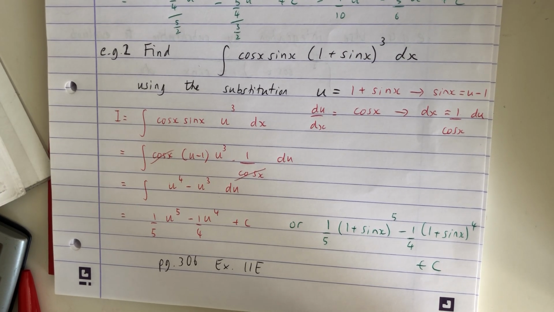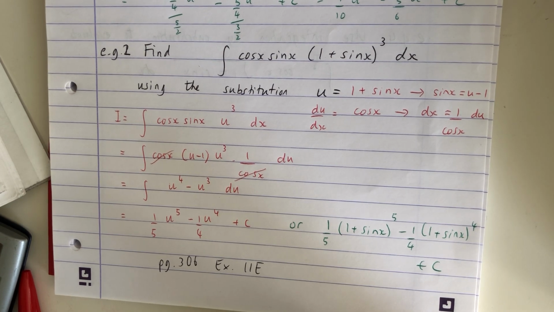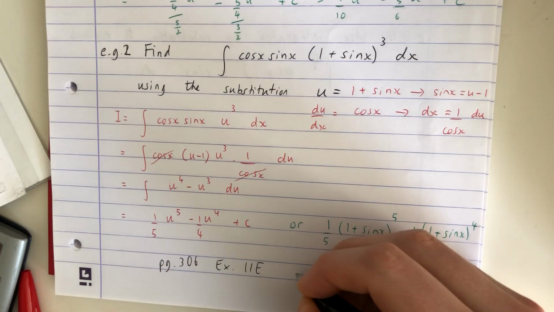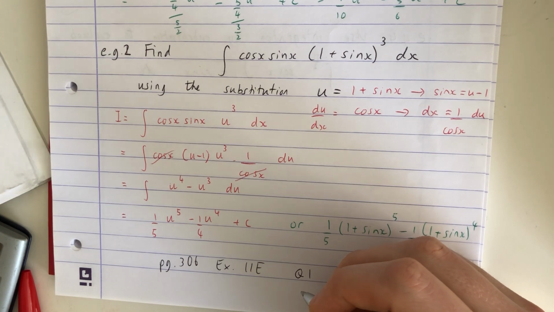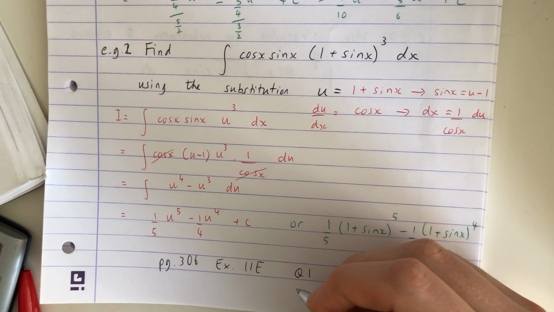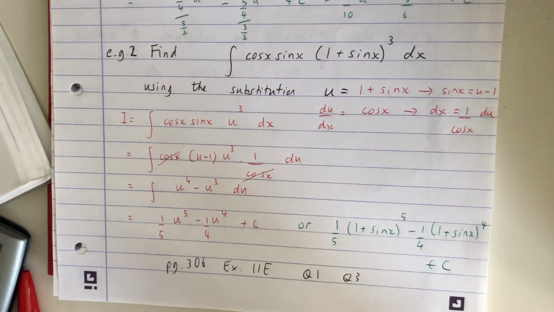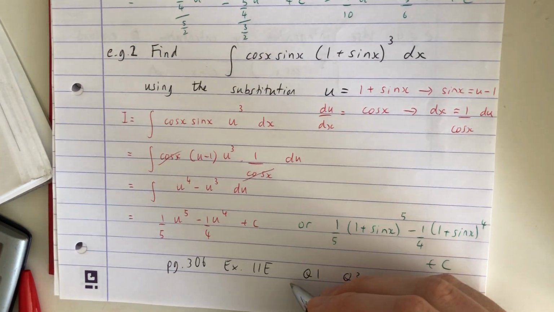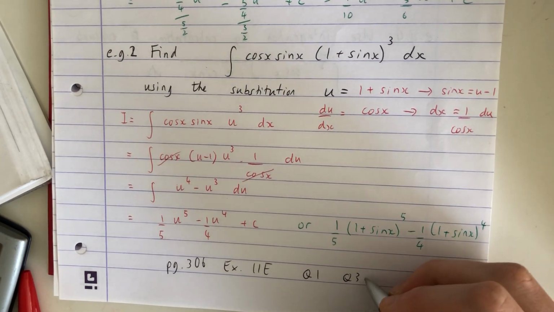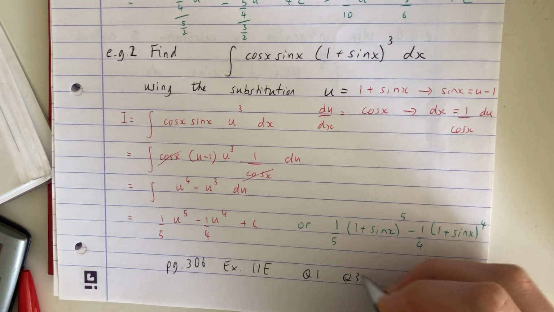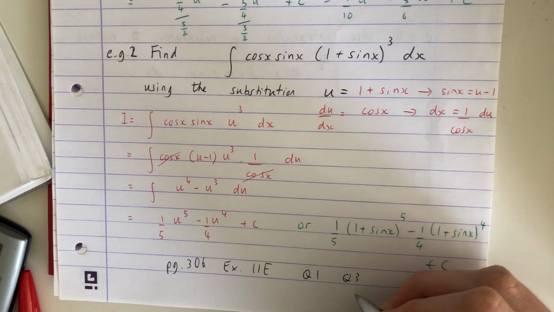So try question 1 and also try question 3. Question 1 they give you the substitutions, and question 3 they don't. You have to try and come up with them yourselves.